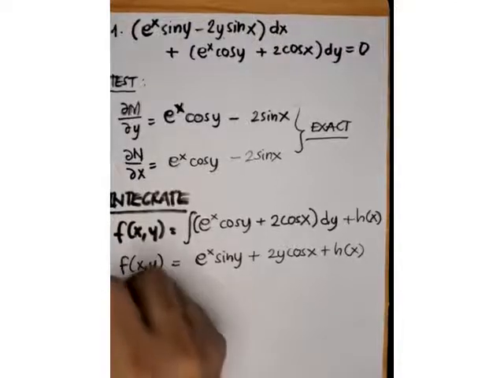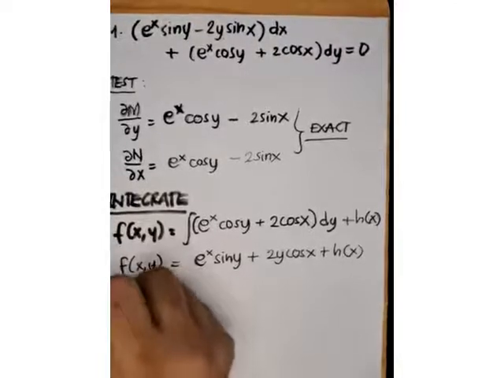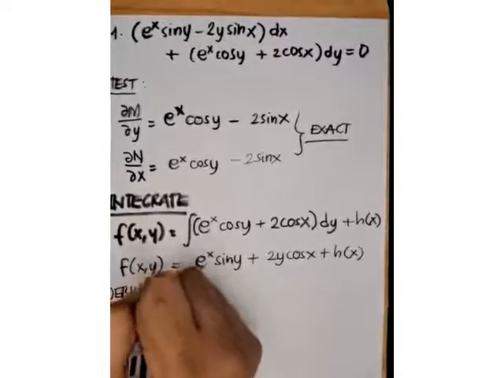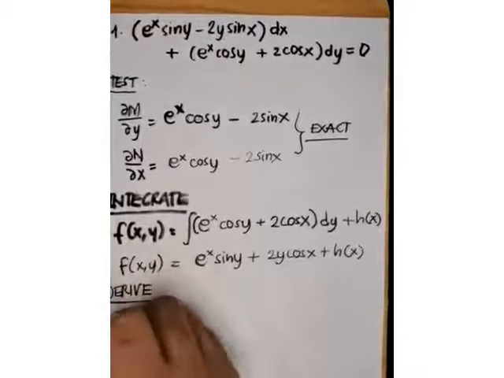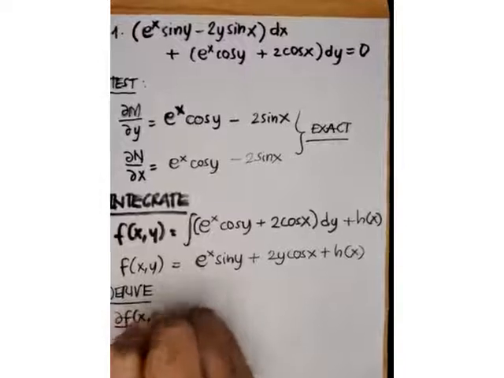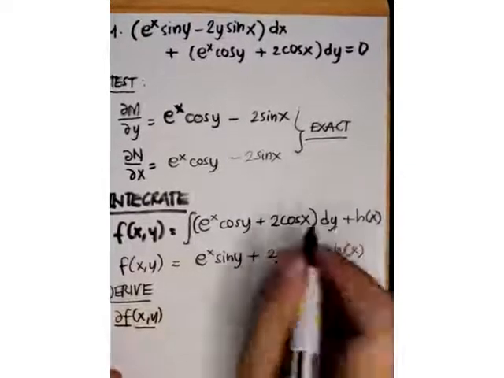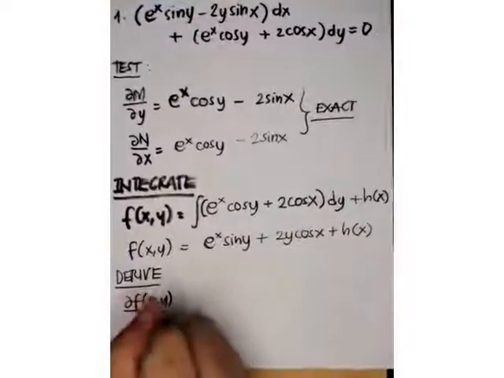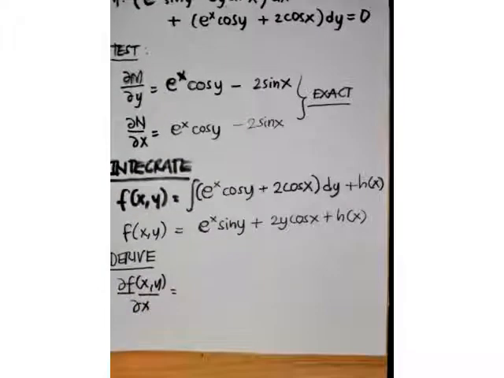Next, let's differentiate that given function. This time, since we integrated it with respect to y, we will derive it with respect to x. So that means all the y's will be considered constant.